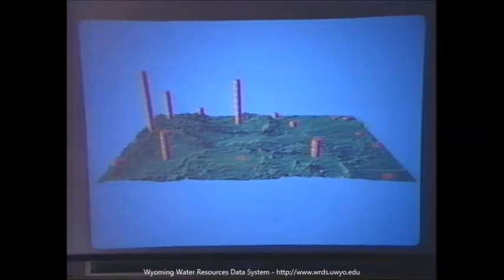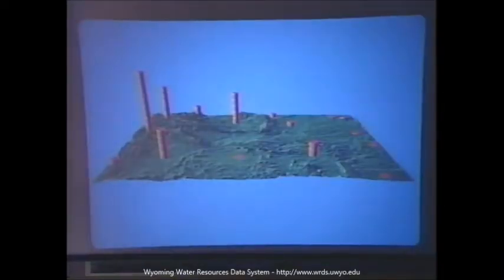Now, on the other hand, this is the total amount that leaves Wyoming after Wyoming has taken, quote, its share. And again, my point is that there's not a lot of difference from the last slide. Of most of the water that Wyoming contributes to the outflow, most of it actually does leave.